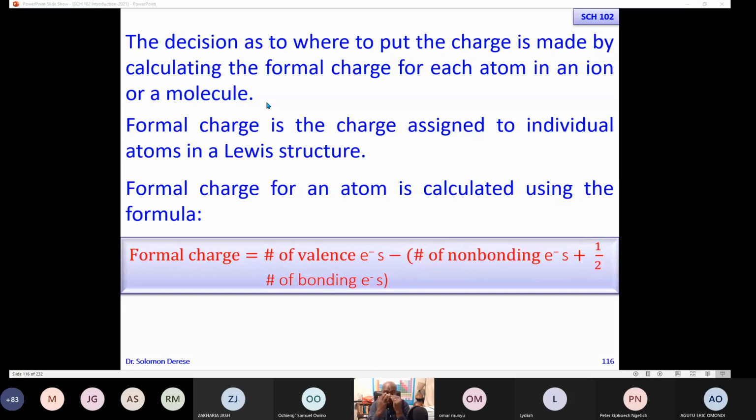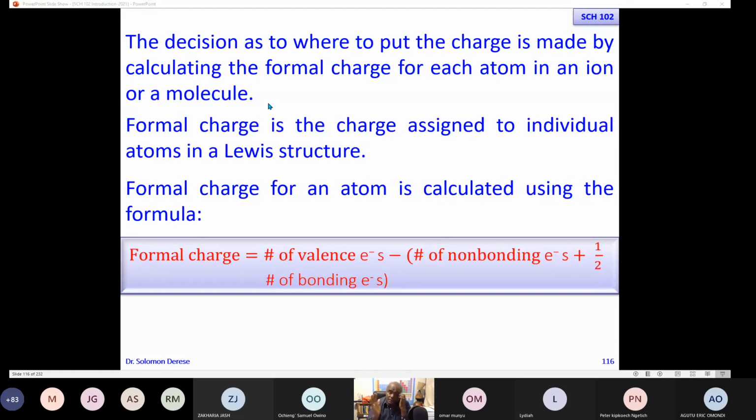Now, after they have formed this chemical bond, you count the number of electrons which this particular atom has used when forming that chemical compound. If it has used the same number of electrons as its valence electrons, the charge on that particular element will be 0.